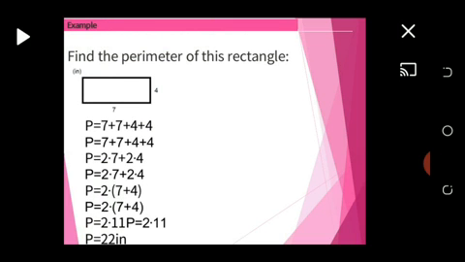You can go straight to put down the formula, that is P equals 2 bracket open x plus y bracket close. But we want to show our work here, so we say P equals 7 plus 7 plus 4 plus 4. That is P. That dot means times: 2 times 7 plus 2 times 4.